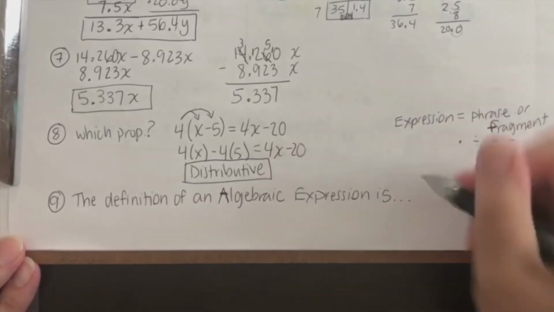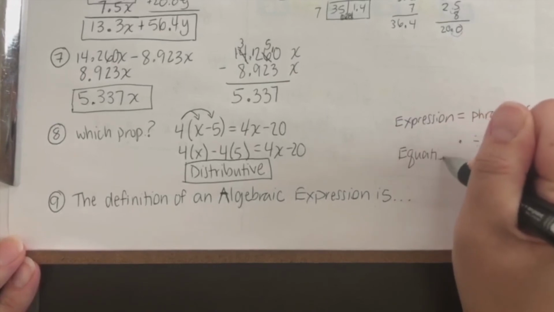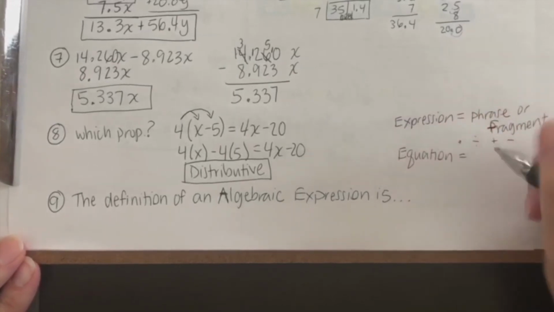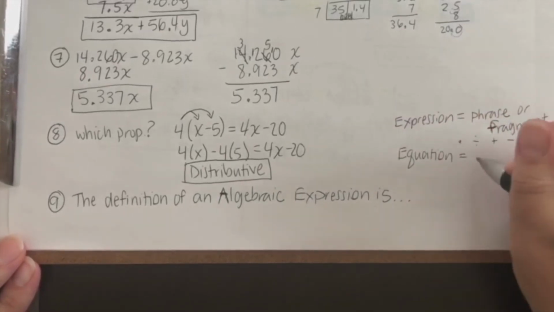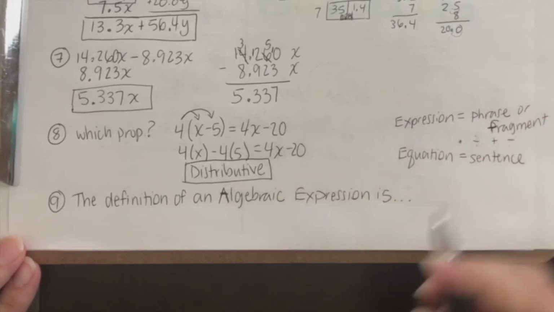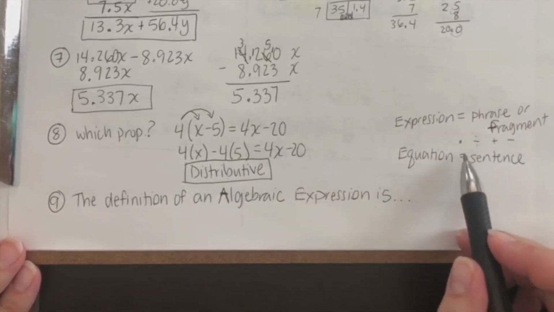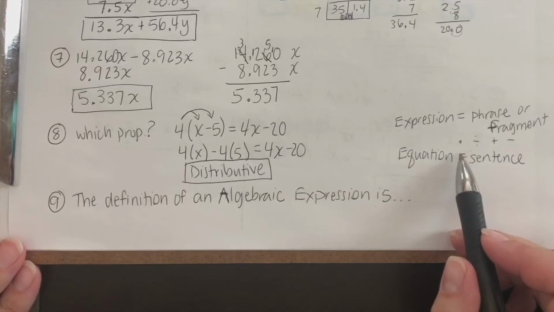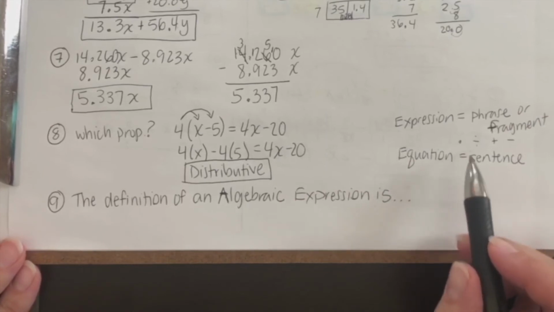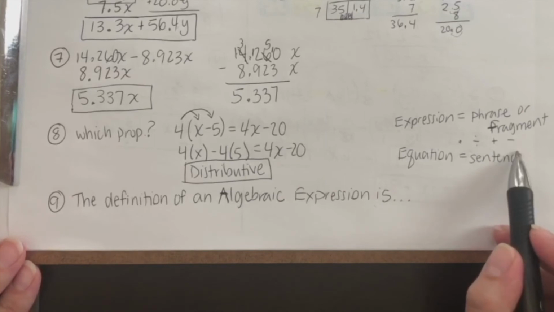Like a sentence fragment, whereas an equation is like a sentence and it has the equal sign. So the expression has no equal sign and it has a bunch of numbers and variables being added, multiplied, divided, or subtracted.